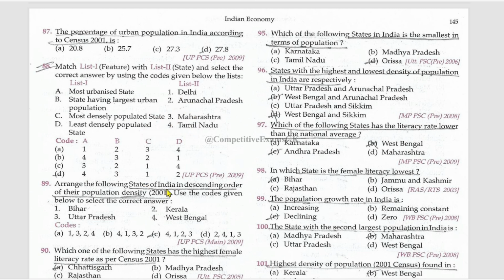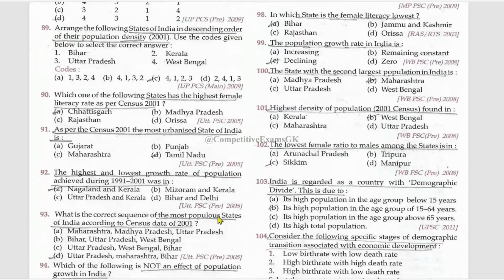Arrange the following states of India in descending order of their population density. Use the codes. Descending order, highest to lowest: West Bengal, then Bihar, then Kerala, then Uttar Pradesh. Uttar Pradesh is the most populated state, but it is the least dense among these because it has a wide area.